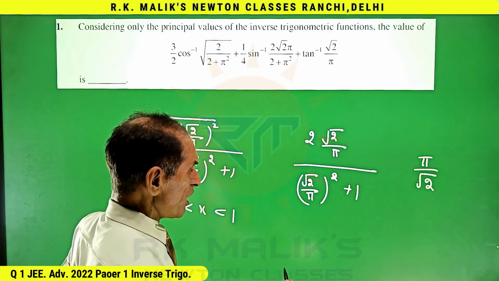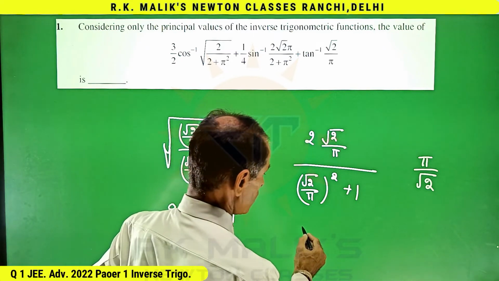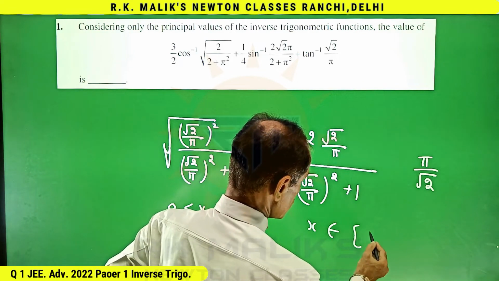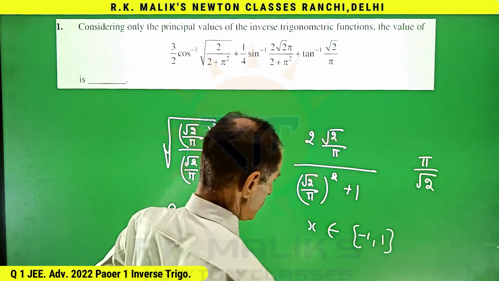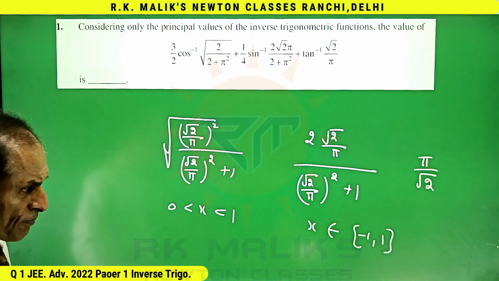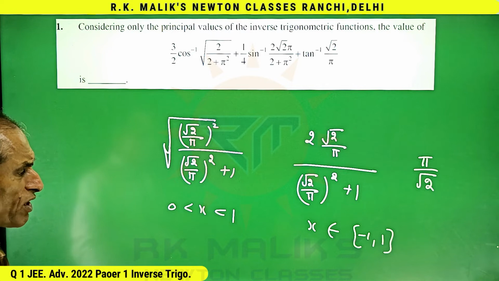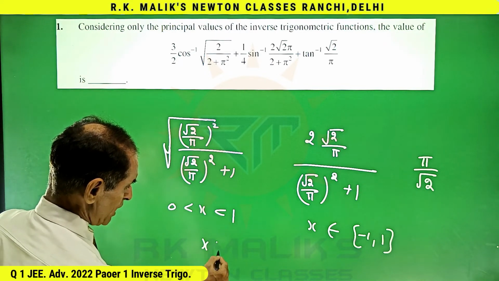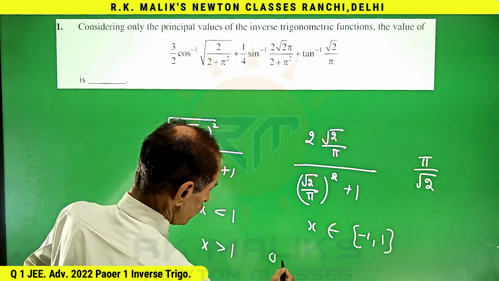Slightly more difficult are the questions when x belongs to minus 1 to 1, and even more difficulties arise when x is more than 1 or x is less than minus 1.